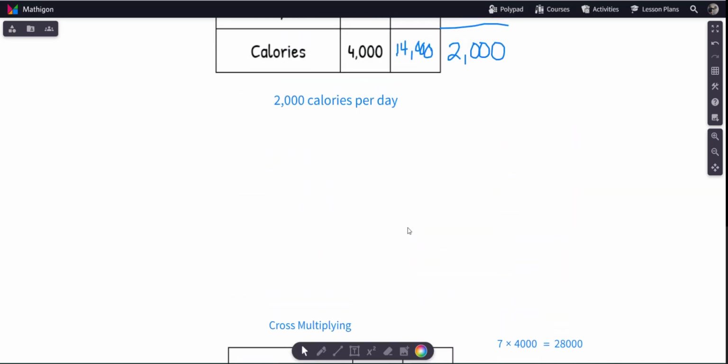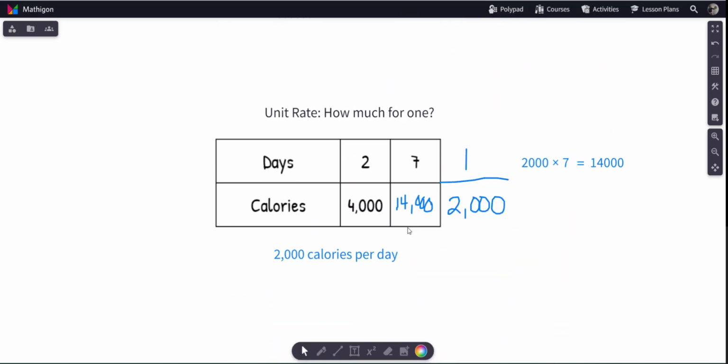Like if we go up here to the unit rate method, I think it's clear why we're multiplying by 7. Let's talk through each of these steps. If it's 4,000 calories for 2 days, then 1 day would be 2,000 calories, right? It's half as much, right? Maybe I'll do a little annotation just to make this clear. I think maybe you're following me, right?